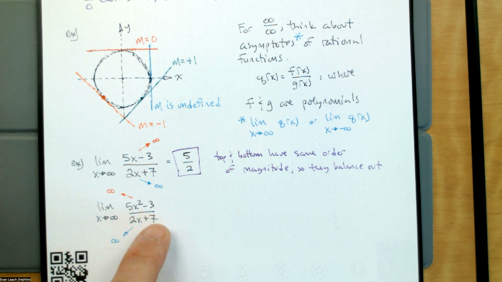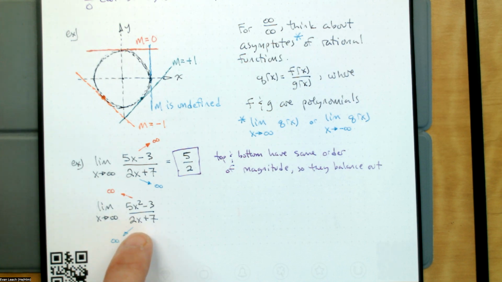Once again, we can see that the -3 and the +7 aren't going to matter for large values of x. For small values of x, like 0.01, yeah, 3 and 7 are a big deal. But for large values of x, 3 and 7 don't matter, and x doesn't matter compared to x squared.